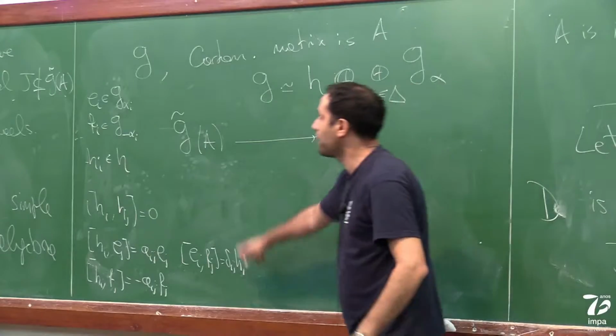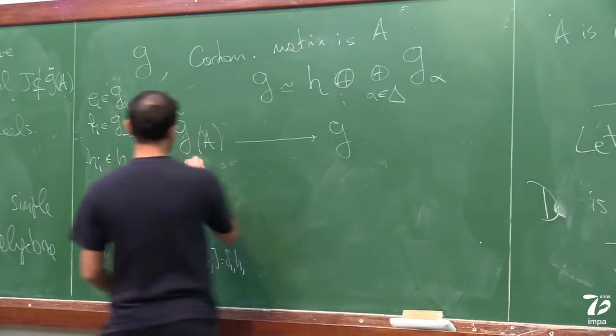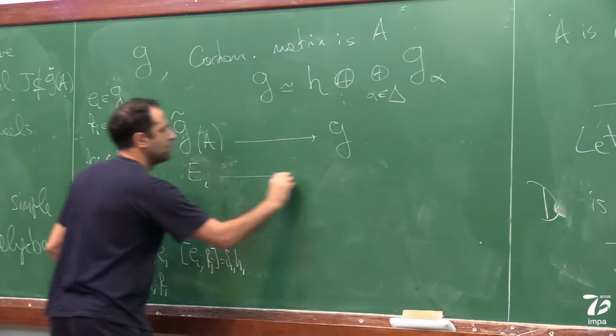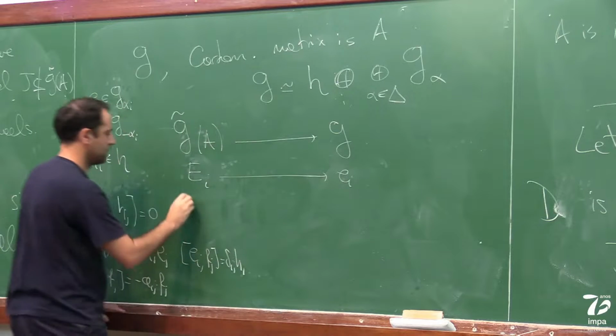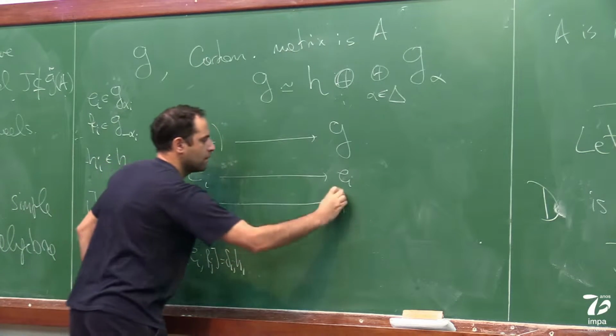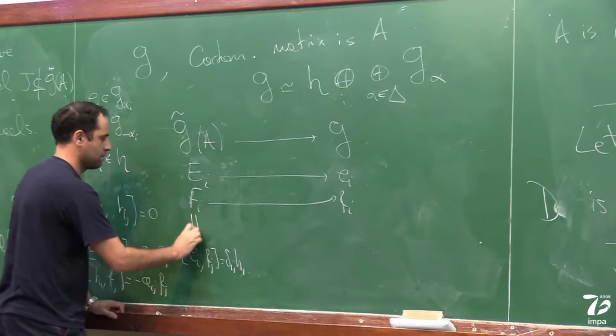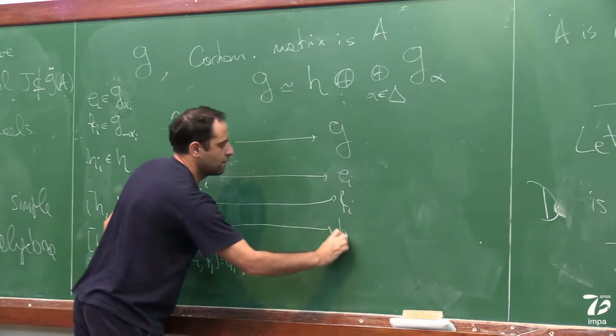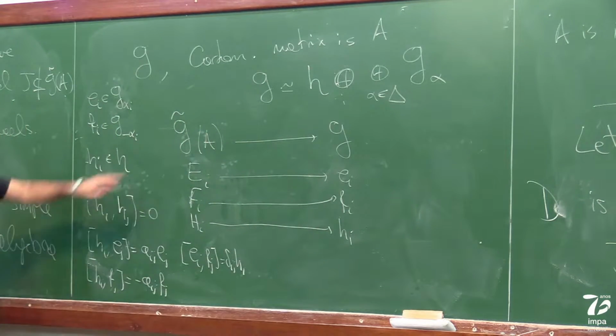So once you have these relations, then you know that this is a morphism. Because the same relations hold on this Lie algebra, they hold there.